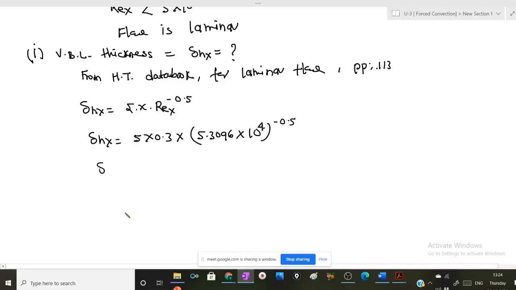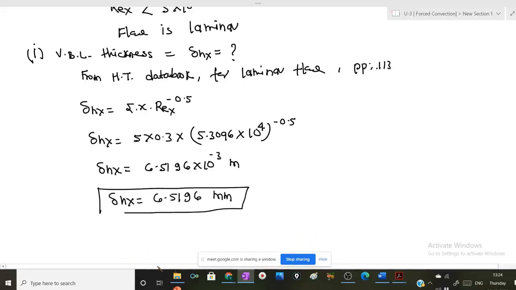So I got this value as 6.5196 into 10 to power minus 3 meter. So delta Hx is 6.5196 mm. This is the value of velocity boundary layer thickness or hydrodynamic boundary layer thickness.